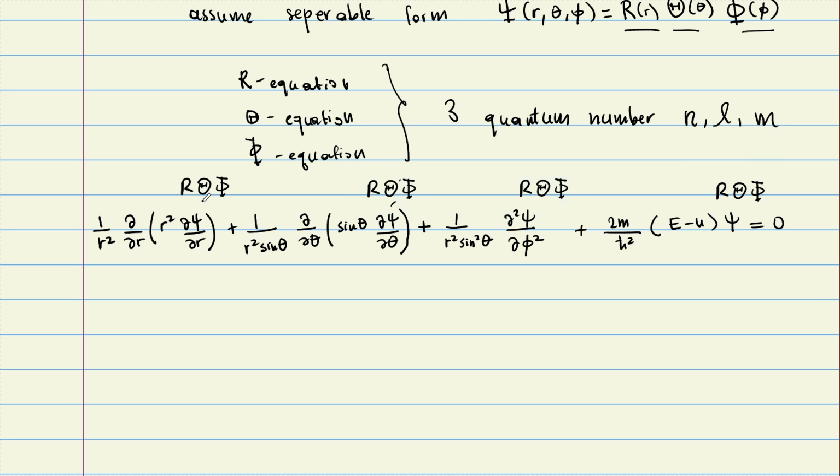Okay, so this one, this one, this one, and this one. And we are going to do exactly what we did before. This derivative is an r-dependent derivative, and the theta and phi functions do not know anything about the r derivative, so I can take them out. So this is Theta, this is Phi, and this entire thing.